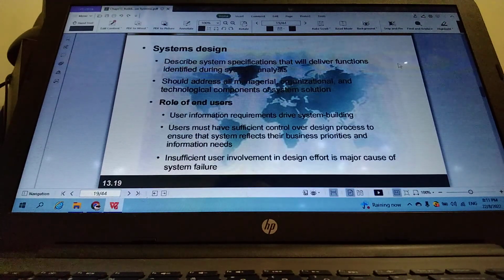The system design stage is more about describing the system specification that will deliver the functions identified during the system analysis stage.